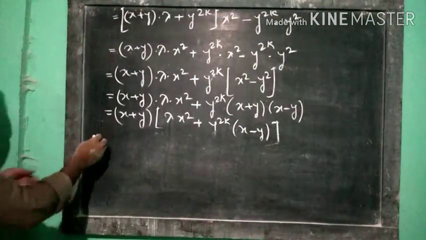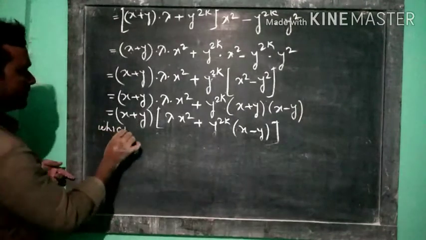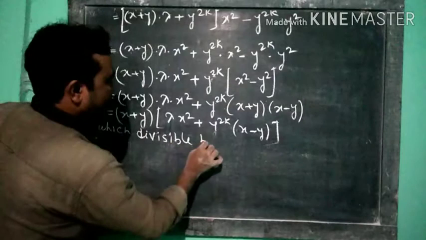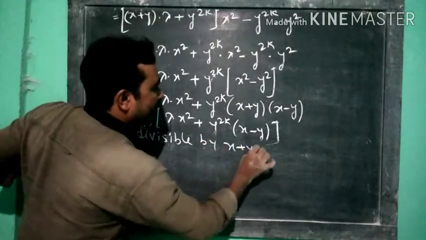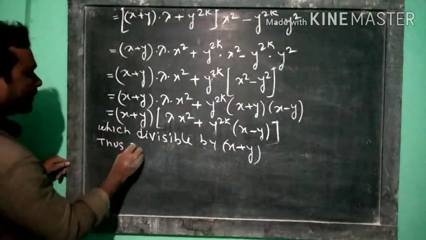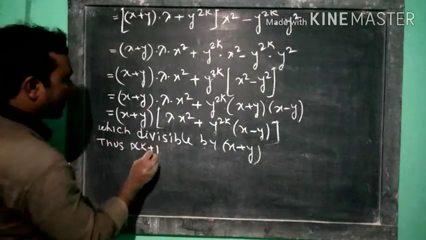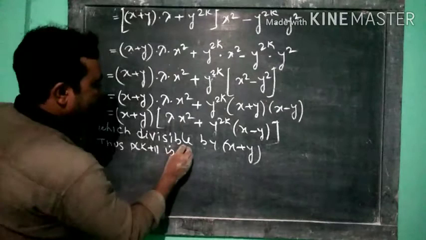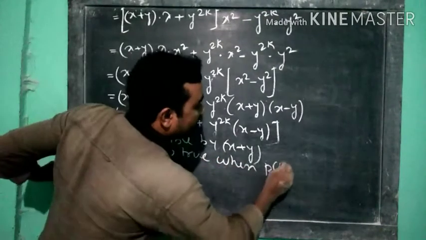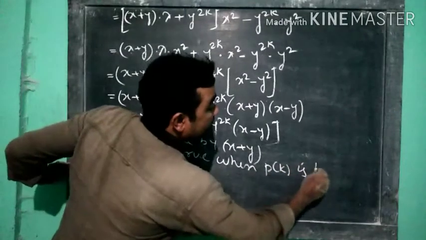Which is divisible by x plus y. Thus P of k plus 1 is true when P of k is true.